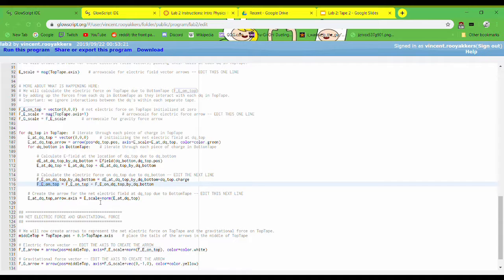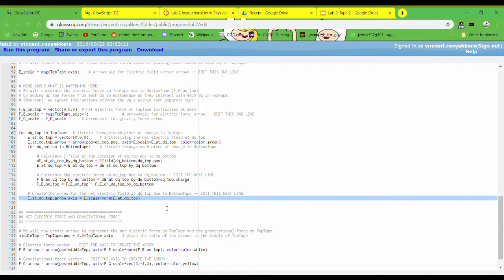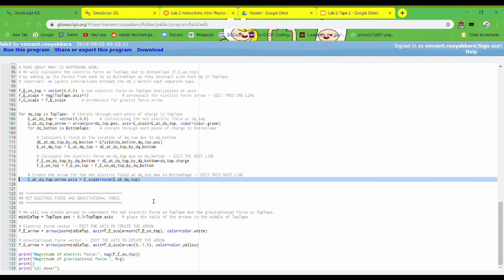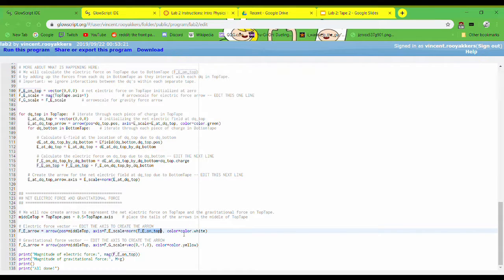And then we had to create an arrow. Again, this is just using the scale that I've previously determined, and I'm just multiplying this by the direction of the electrical field. This is what gives us the arrows for each of the electrical fields at each of the different point charges, or the net electrical field at each of the point charges. So we are then asked to create more arrows, and again, this just follows my previous logic for the scaling.